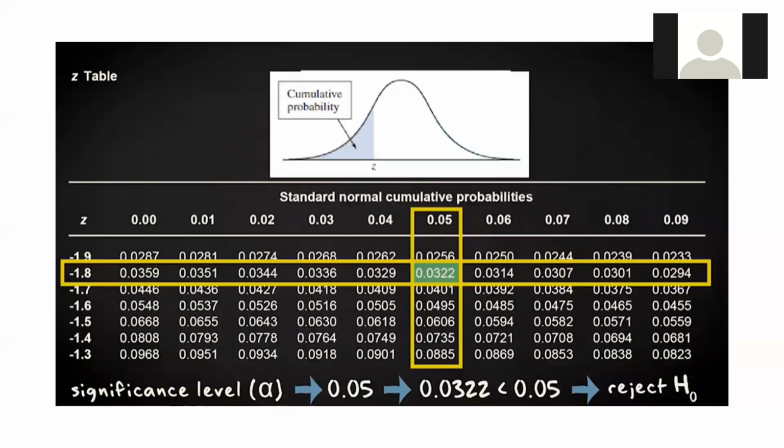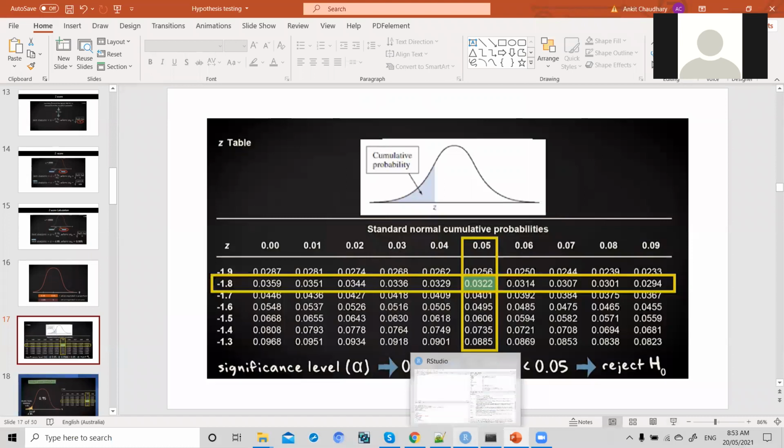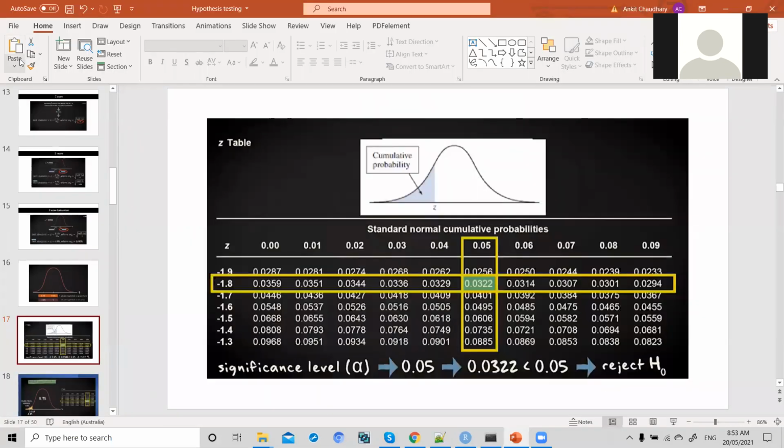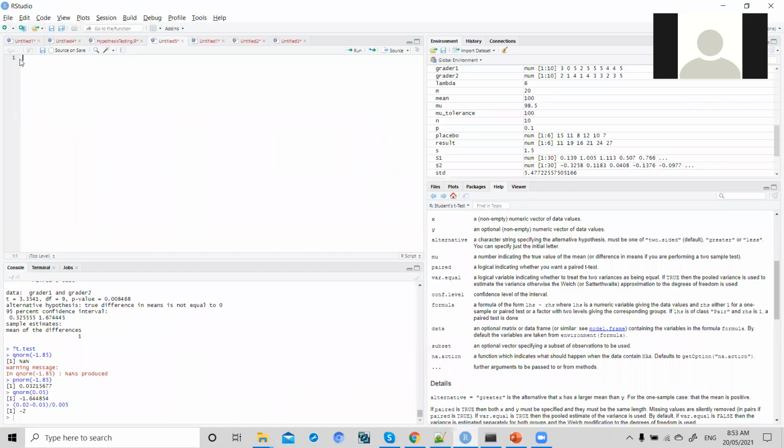We have a z score table, and also in R we can compute this. We need the probability, so we need to use pnorm.